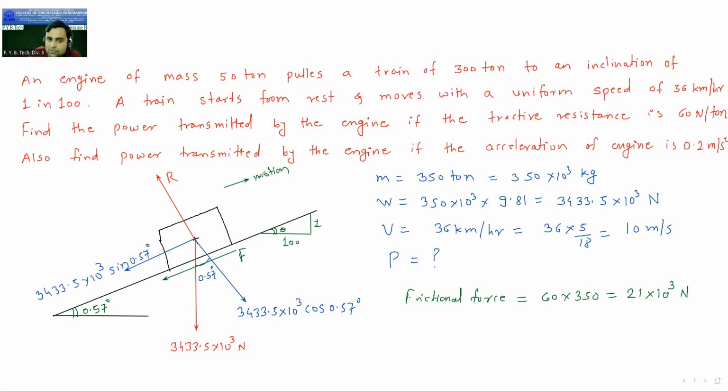Whichever is the direction of the motion, same is the direction of the velocity. So in this direction, this force is there, but this force is in the opposite direction to that of the direction of the velocity. This is the direction of the velocity V. So this force is opposite to the direction of the velocity.